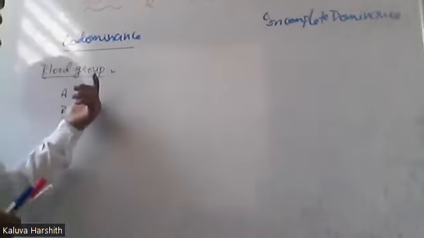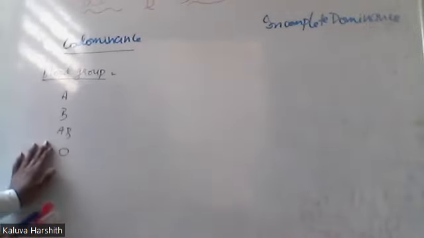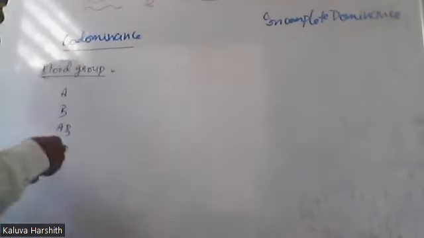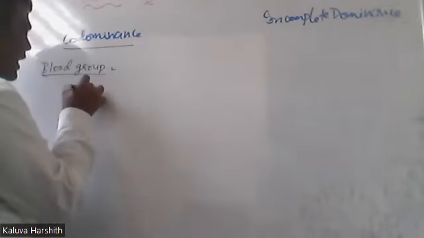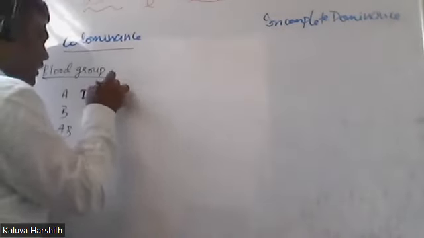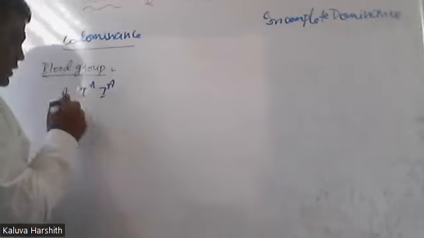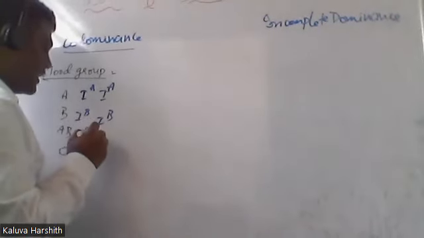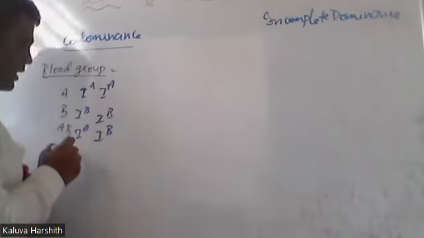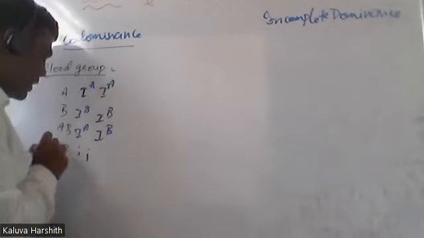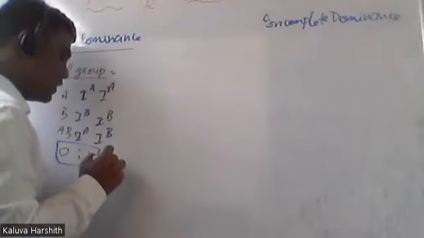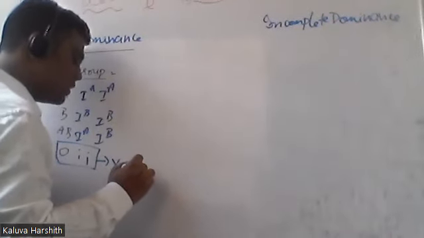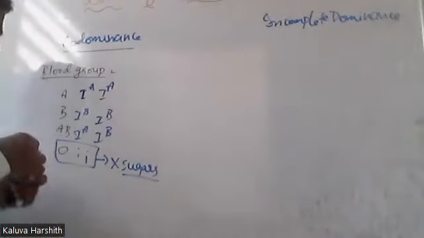Why we say ABO blood group is codominance is, we represent A as IA, which synthesizes A sugars. IB synthesizes B sugars. IA, IB. This small i, O blood group, doesn't synthesize any sugars. No sugars.